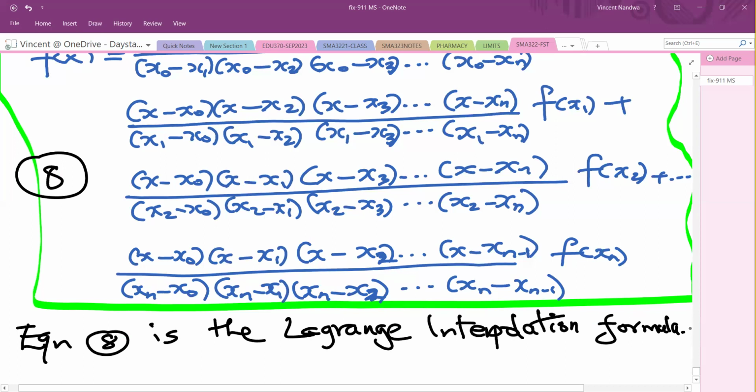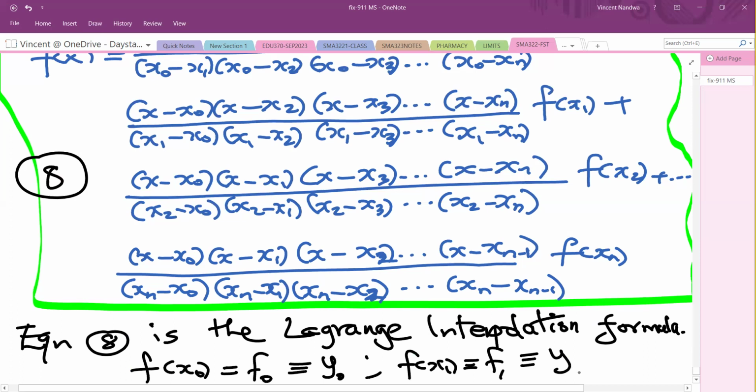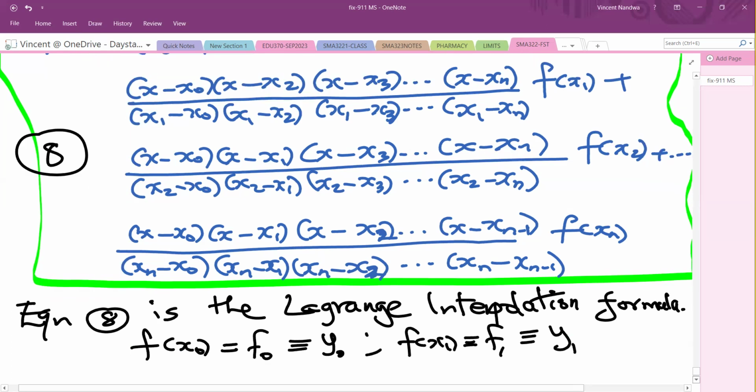Note that sometimes in other textbooks, instead of writing f of x naught, we will write f naught, or we'll write y naught. Instead of writing f of x1, we can write f1 or y1. They will still be meaning the same thing. Or instead of writing f of x2, we can use f2 or y2, etc.